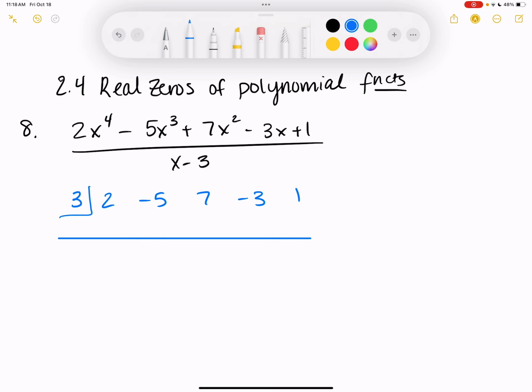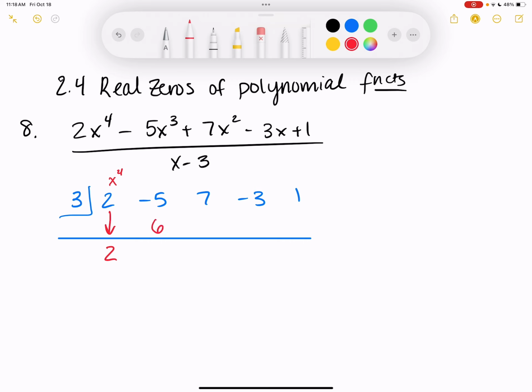So that's the setup. And so keep in mind that this is an x to the 4th term. It is relevant to what we're doing today, but it'll be even more relevant to what we're doing for the rest of the chapter. But in terms of how we write our final answer, we'll need to know that. So we bring down the first number exactly, so that just brings down the 2. Multiply by 3, so that's 6.